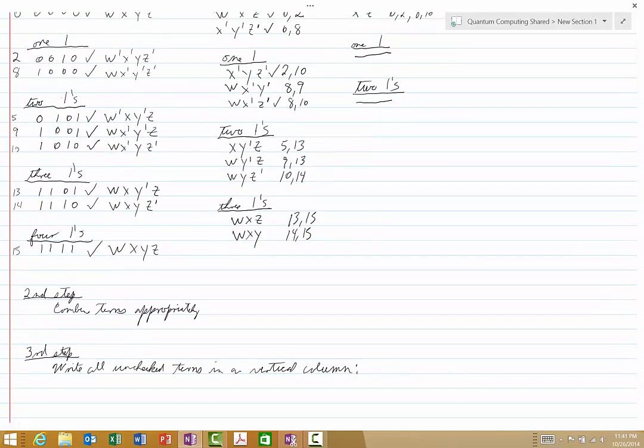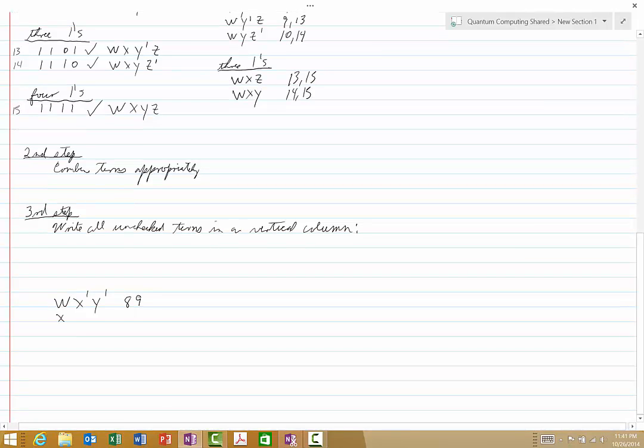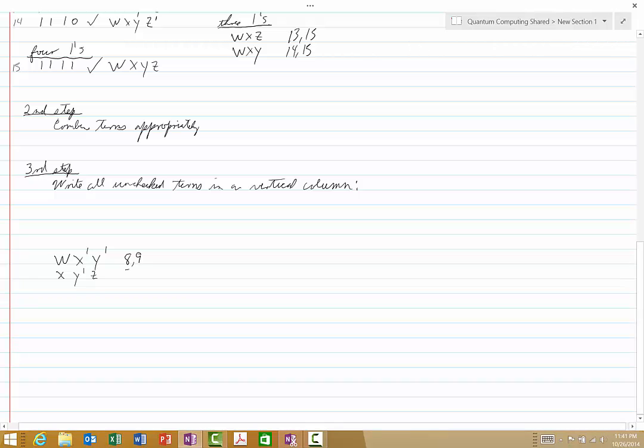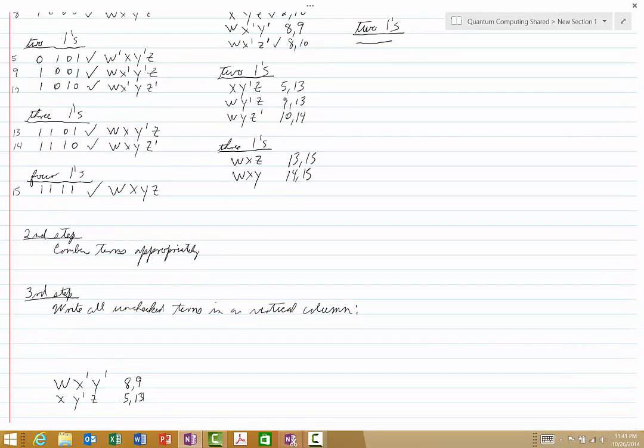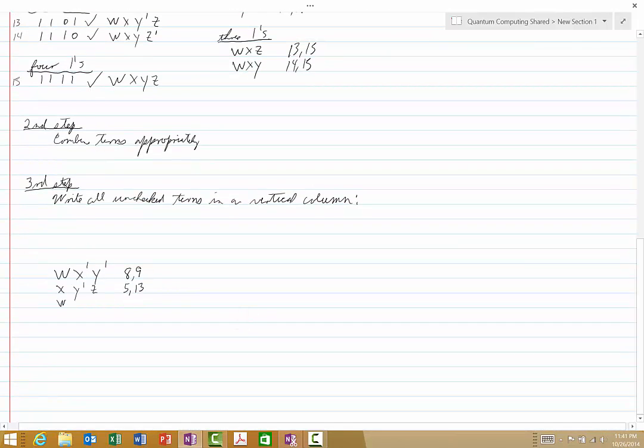The next one that has no check mark by it is X, Y prime, Z, which is 5, 13. The next one with no check mark is W, Y prime, Z, and that is 9, 13.